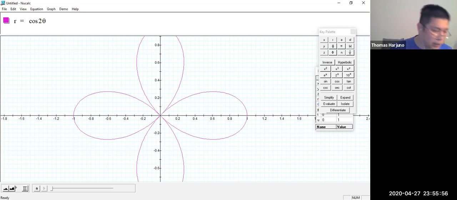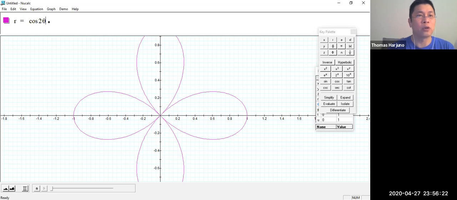The difference is that for cosine, it starts from the maximum. When it is sine, it starts from the origin. But the number of leaves equals the coefficient of the angle multiplied by 2 if the coefficient is even.